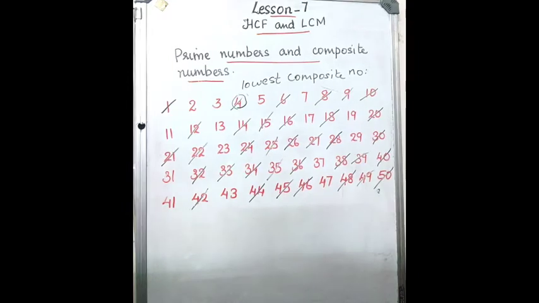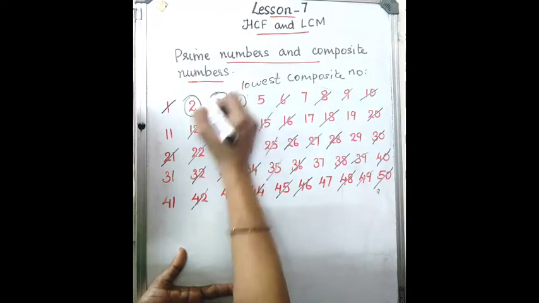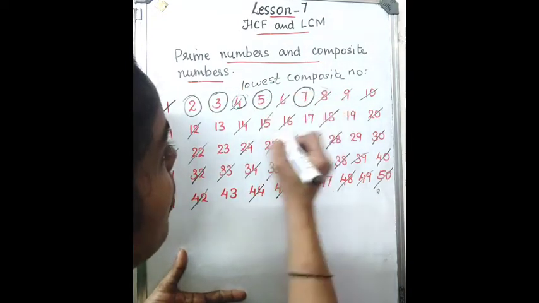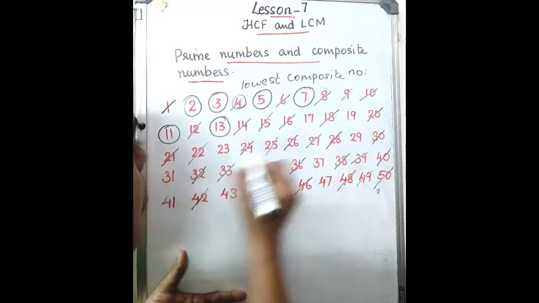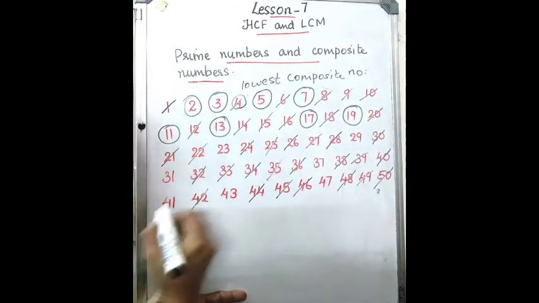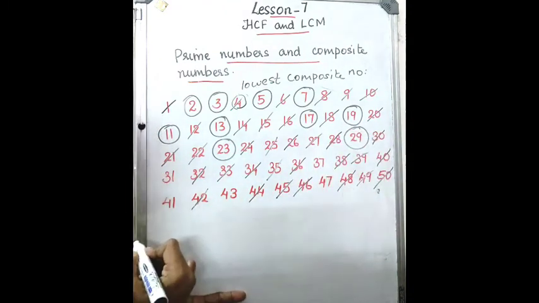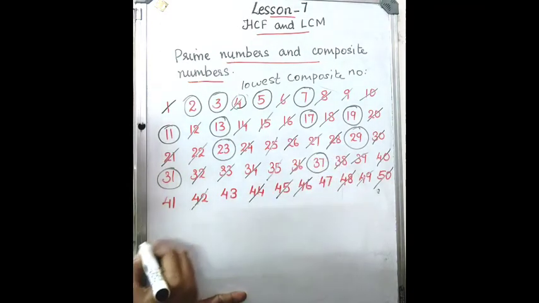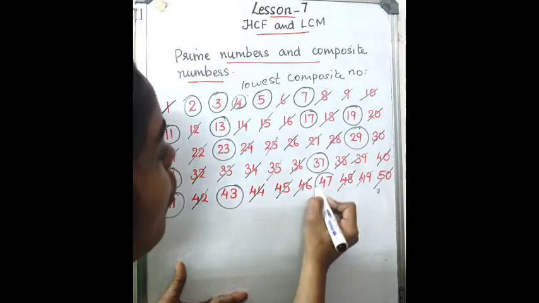Then we know that 2 is a prime number, 3 a prime number, 5 a prime number, 7 prime number, then 11, 13, 17, 19, 23, 29, 31, 37 are prime numbers, 41, 43, 47.